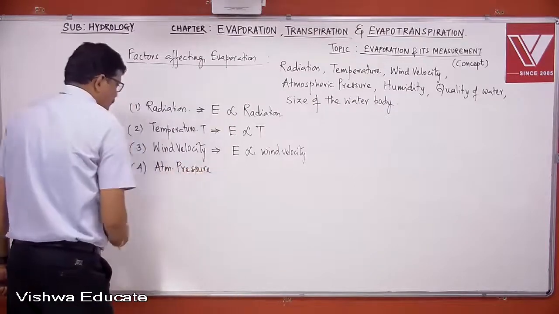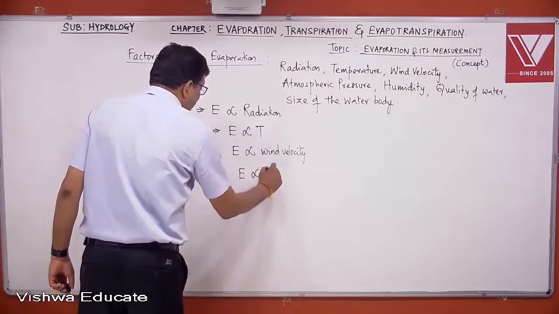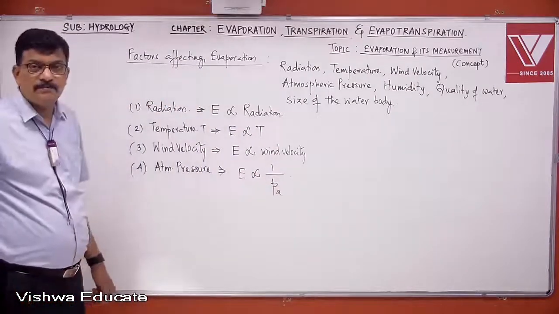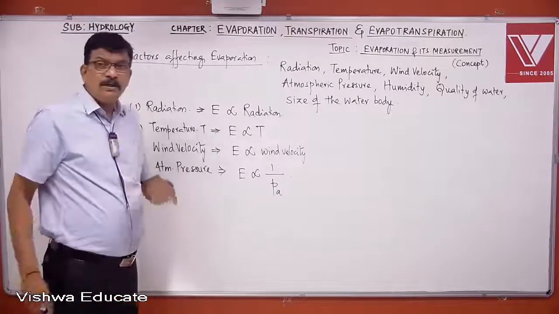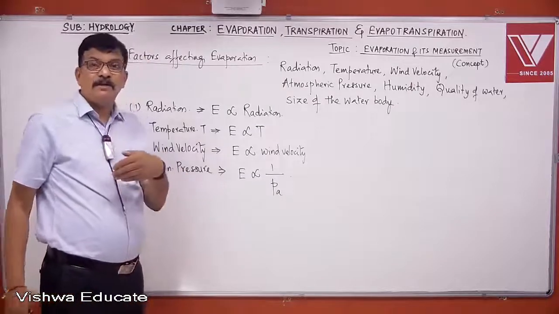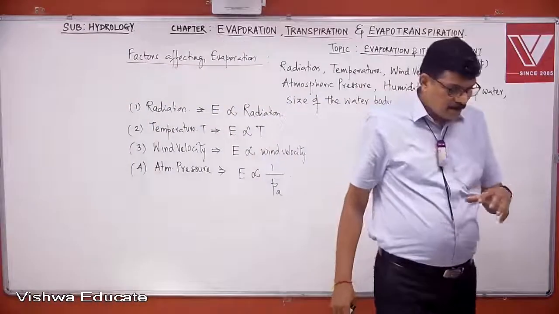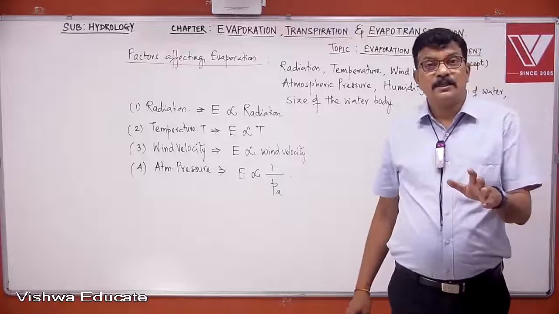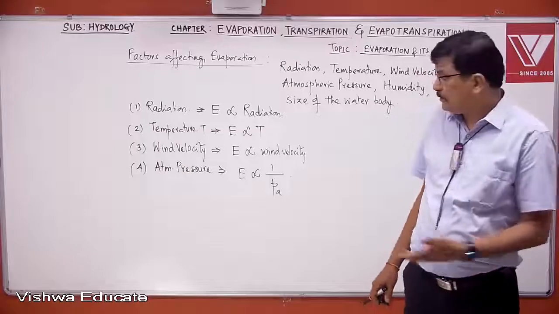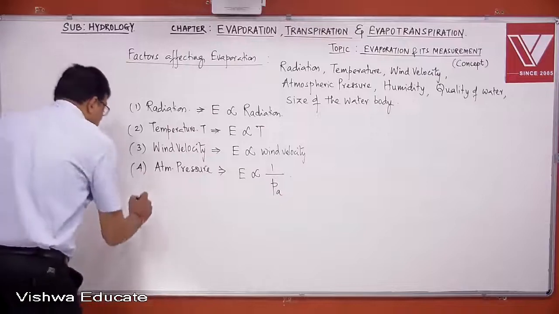Evaporation rate is inversely proportional to the atmospheric pressure. That means if the pressure is low, evaporation rate will be high, and vice versa. If the atmospheric pressure increases, evaporation rate decreases. So that's an inverse relation between evaporation and atmospheric pressure.